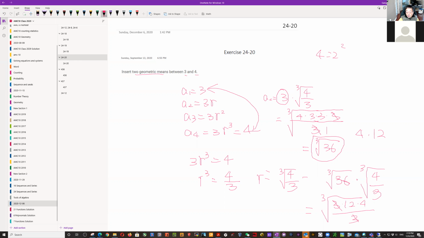We will express it in the index form. So basically, we complete the prime factorization. This is 2 square, multiply 3, multiply 2 square. So it's actually equal to 2 to the 4th multiply 3. So this is actually equal to cube root of 2 to the 4th multiply 3.